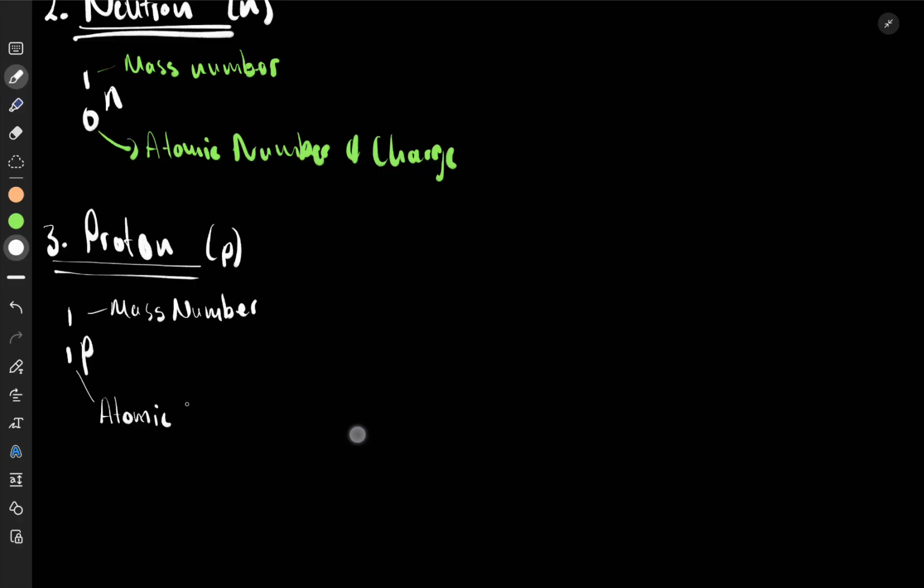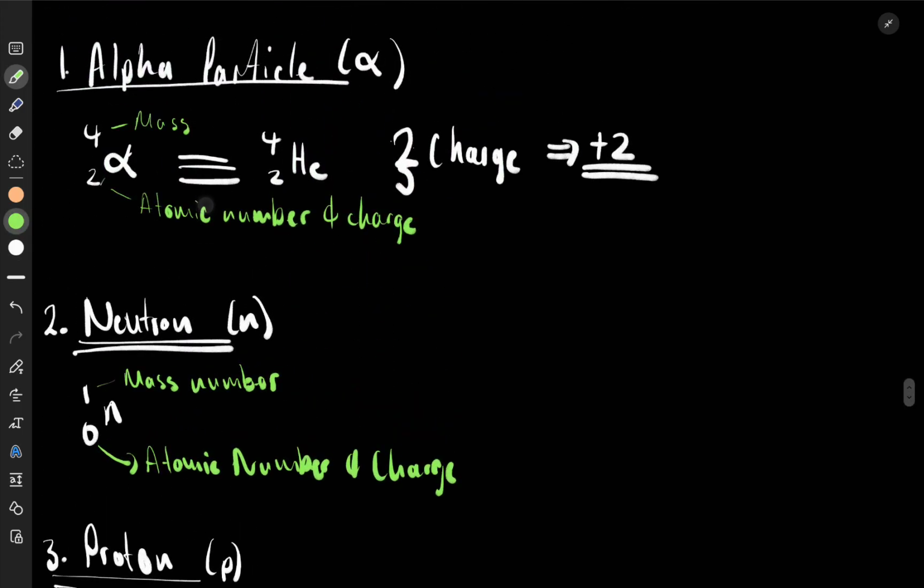The atomic number is 1, which means it has 1 proton. What about the mass number? It is 1, so it has no neutrons there. This is something very important, a type of hydrogen isotope called protium. So this guy, as we've seen from alpha, which is the nucleus of helium.